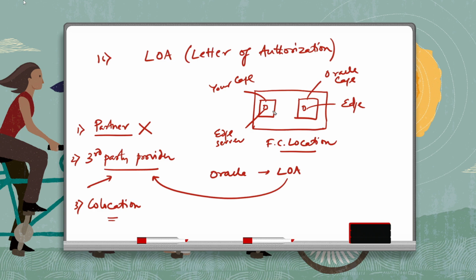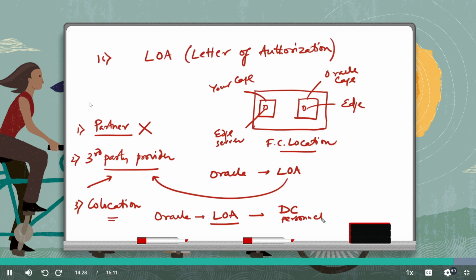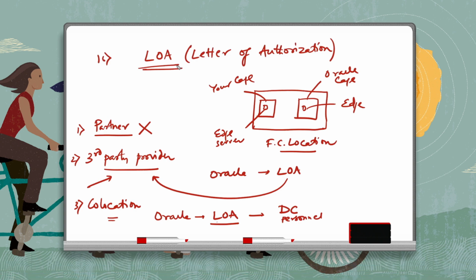So for you to establish this cross connect, again, Oracle is going to provide you a letter of authorization, but this time, because there is no third-party provider, you need to provide this letter of authorization to the Fast Connect location data center technician. And that person is going to help you complete the provisioning of the physical connection. So it's basically a letter that provides authorization to another party within a data center.